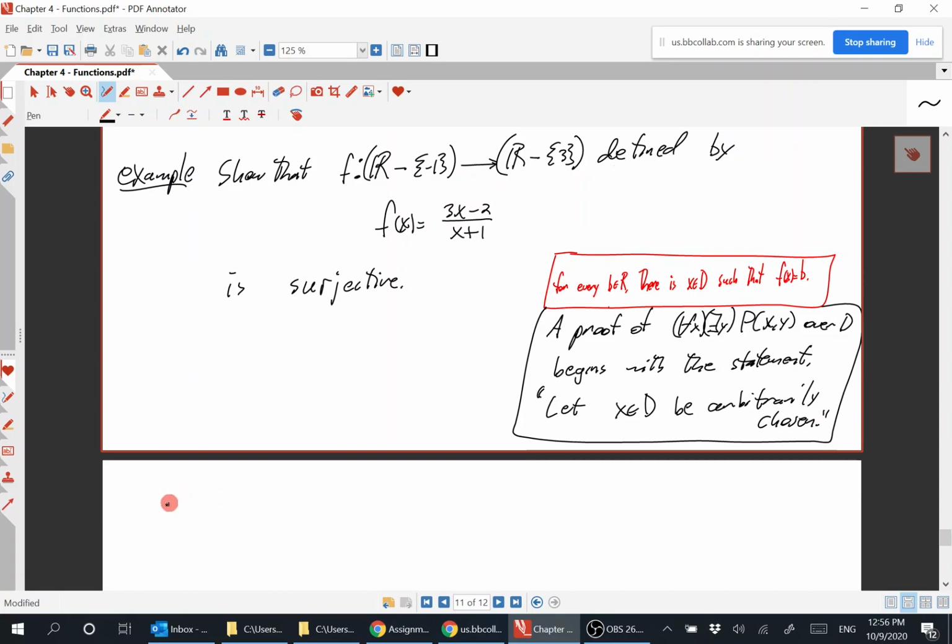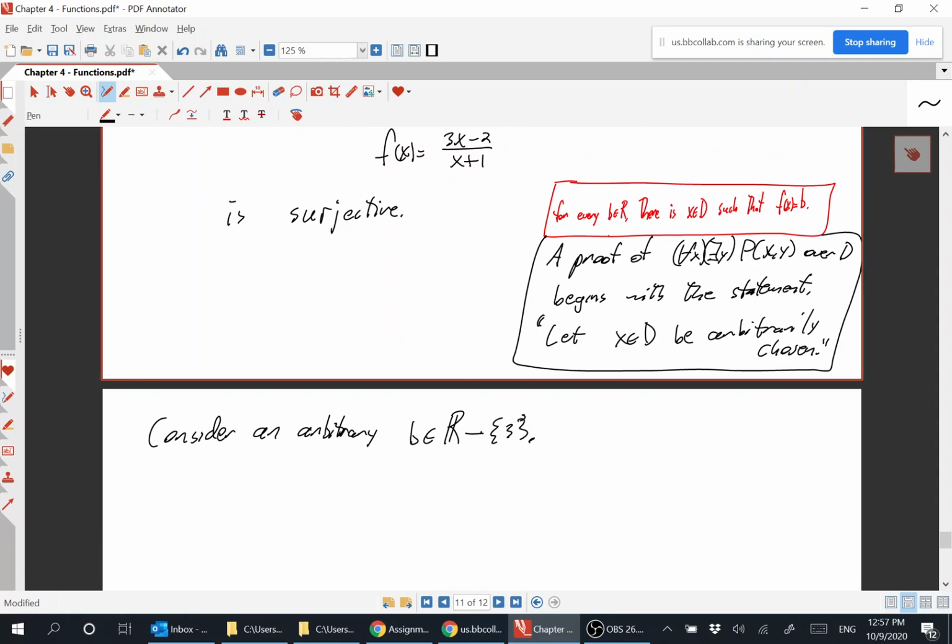Okay, so consider an arbitrary b in the set of real numbers minus 3. So it's just some real number other than 3. Could be 0.